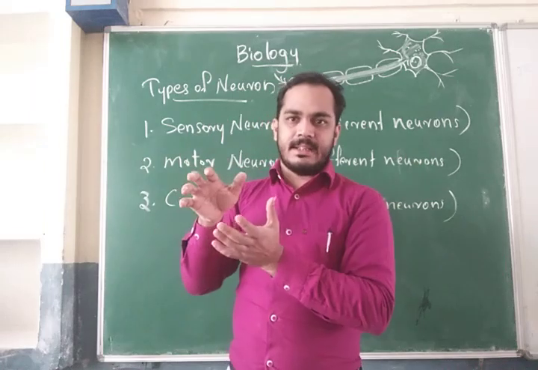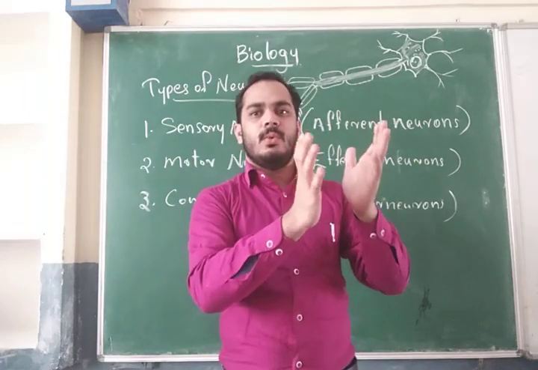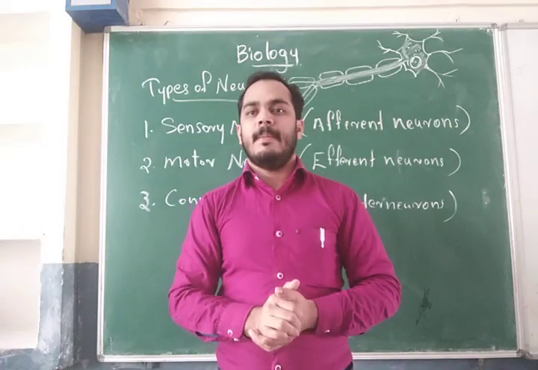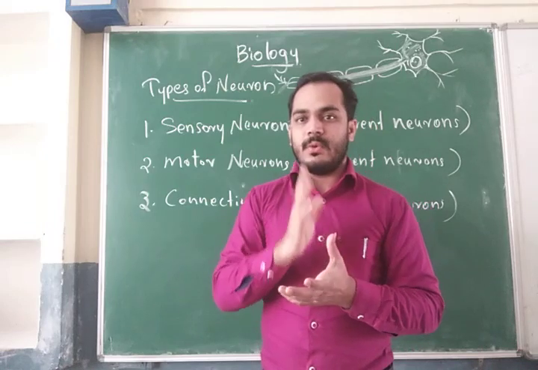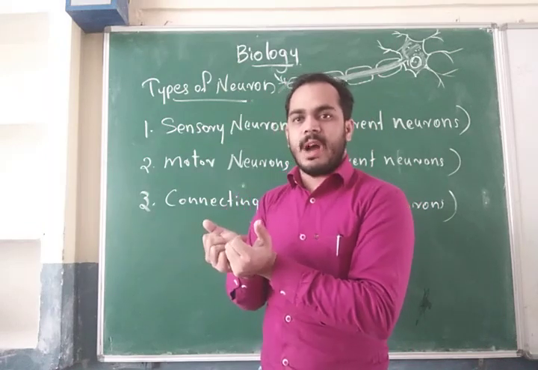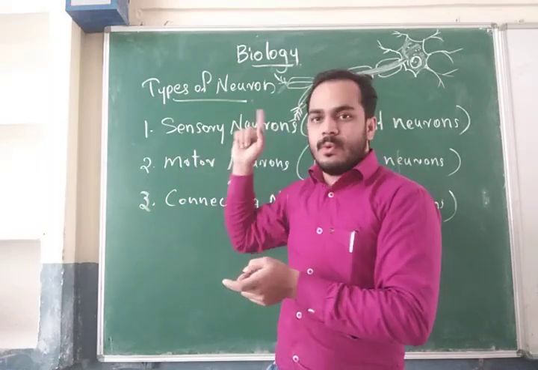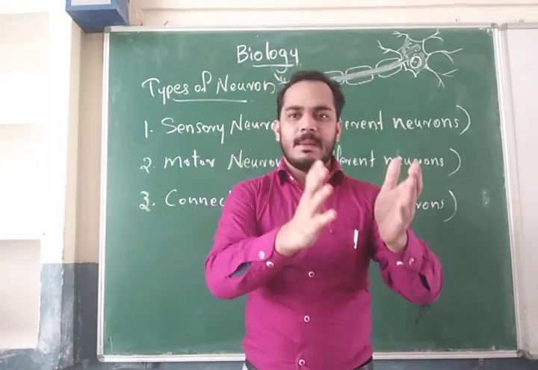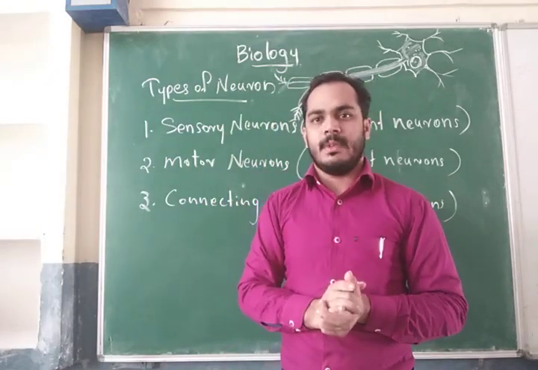That message, the nerve impulse, is sent to our brain and spinal cord. That's the main function of the sensory neuron: receiving the stimulus from the outside source and, with the help of this sensory neuron, transmitting the message into the brain and spinal cord.